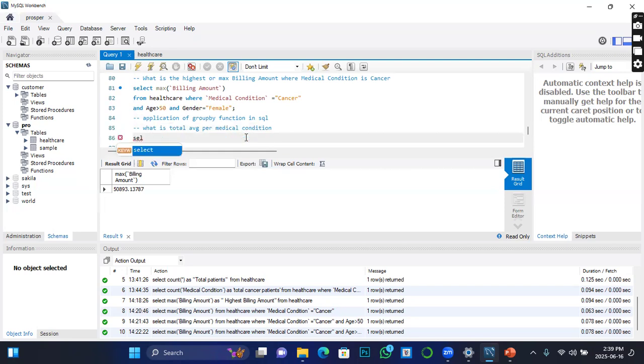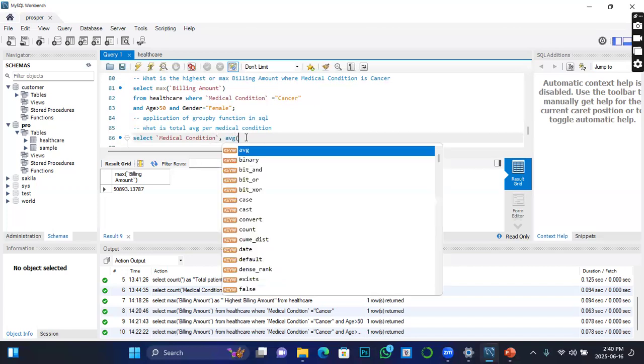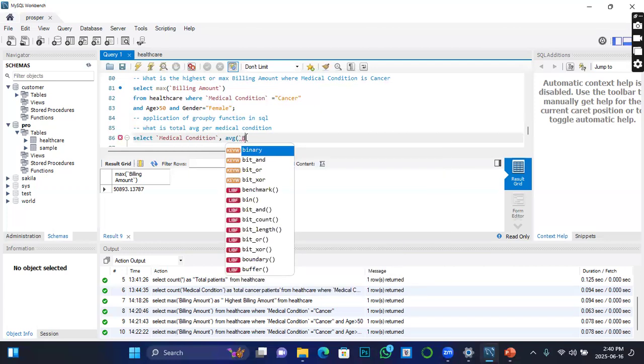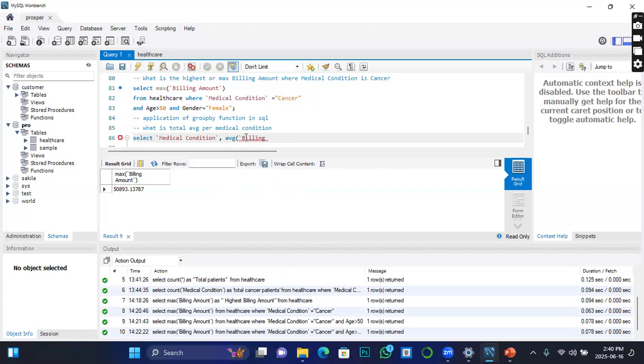So what was the syntax? Select the group by header, which is what? Medical condition, comma, average. Average of what? Billing amount.